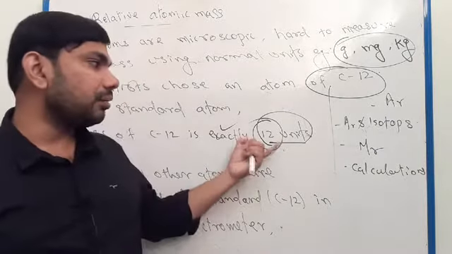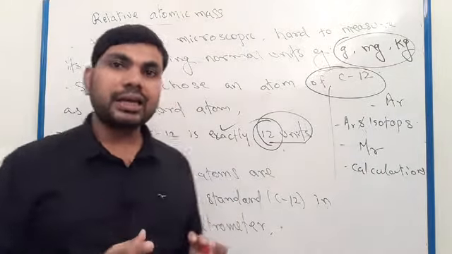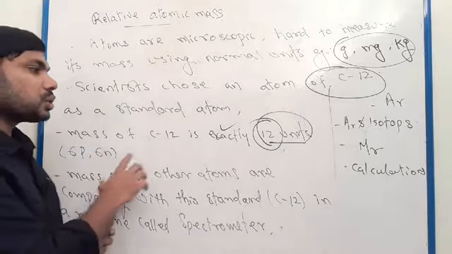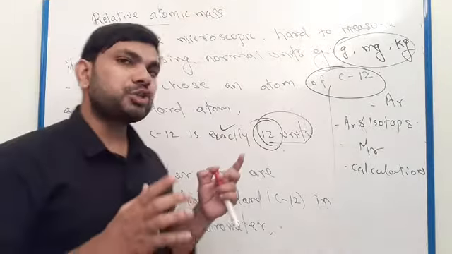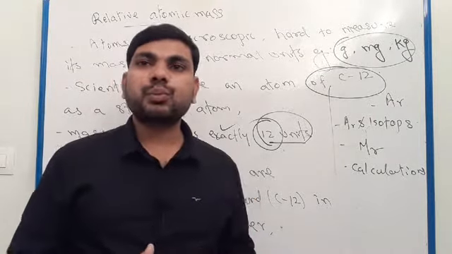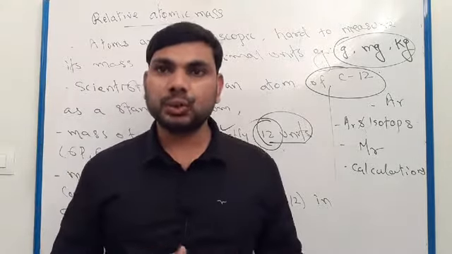Carbon-12 contains exactly 6 protons and 6 neutrons, so its mass is exactly 12 unit. That's why scientists choose carbon-12 as a standard unit.